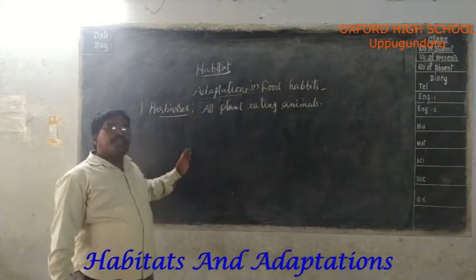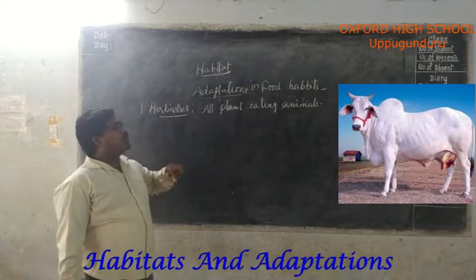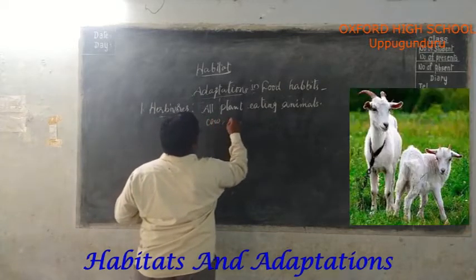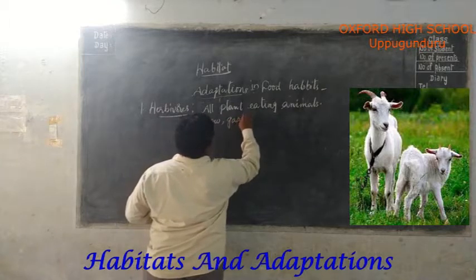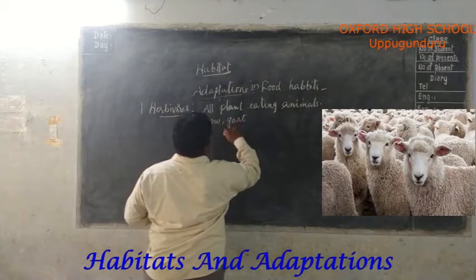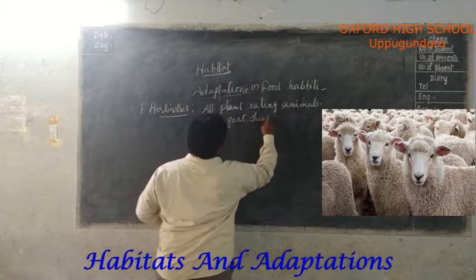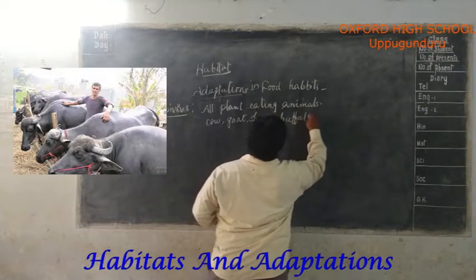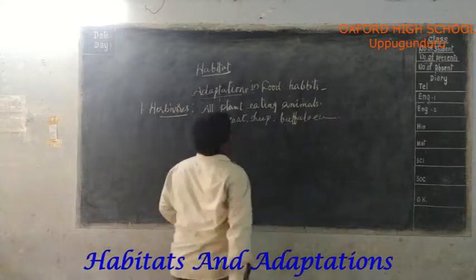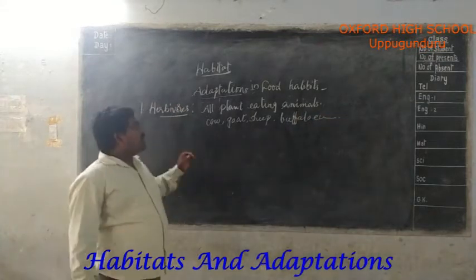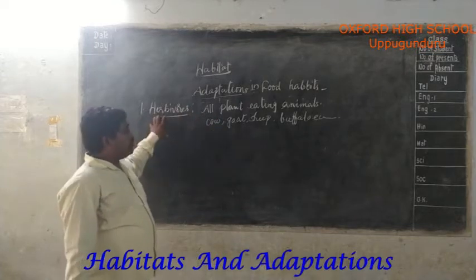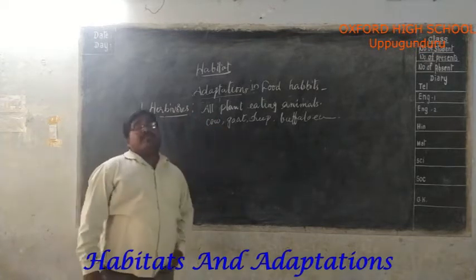Examples: goats, sheep, cows, buffaloes, etc. So all plant-eating animals are called herbivores: cow, goat, sheep, and buffaloes, etc.